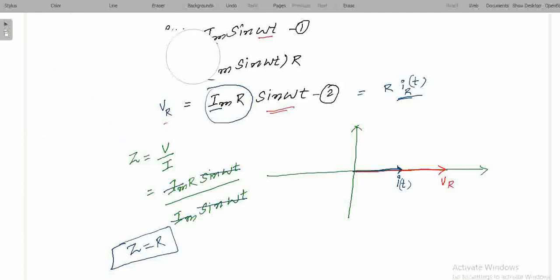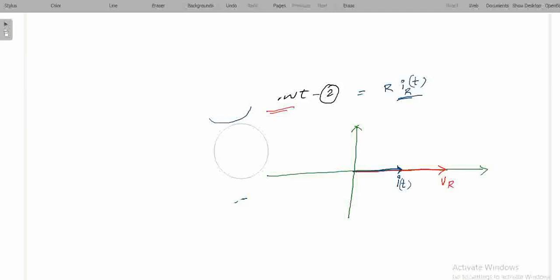We'll see for purely inductive network. Let us consider a purely inductive network. This is your voltage, this is your I of t and this is your inductor. Let us take current flowing through the inductor, IL of t, is equal to Im into sin omega t.